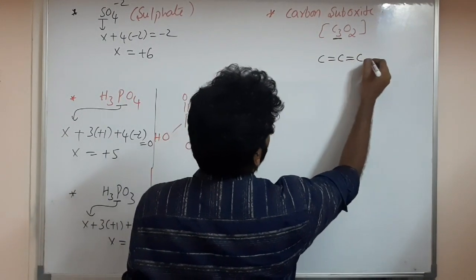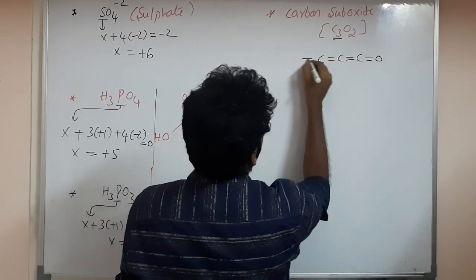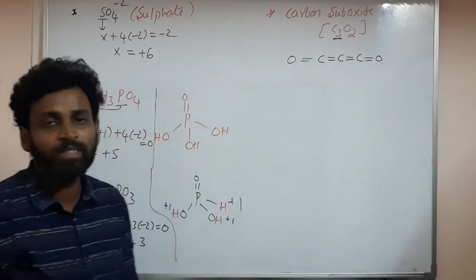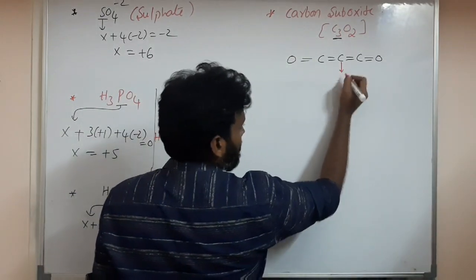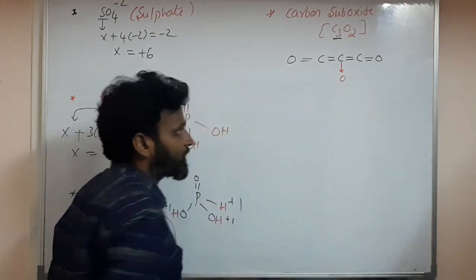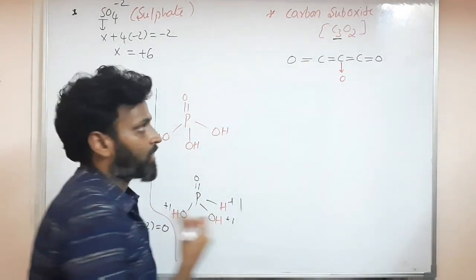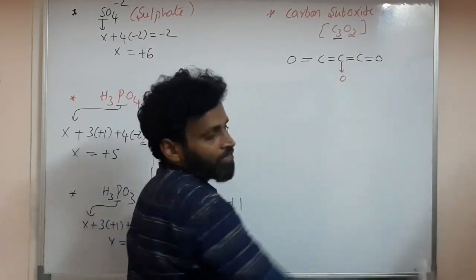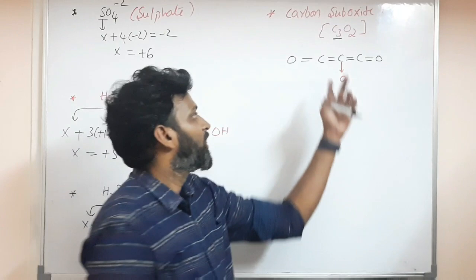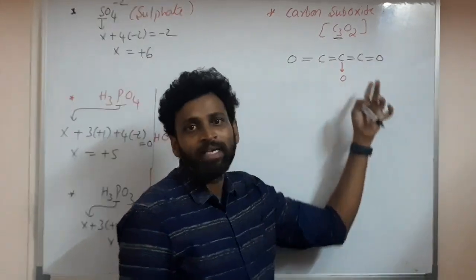O double bond C double bond C double bond C double bond O. This is the carbon suboxide structure. This central carbon has zero oxidation state because this carbon is bonded with carbon and this carbon is bonded with carbon, so all three are the same type.